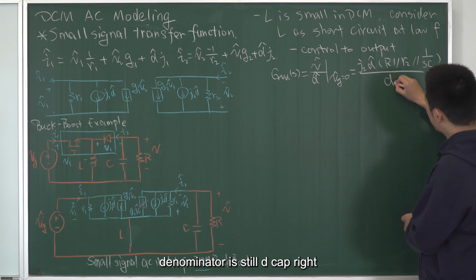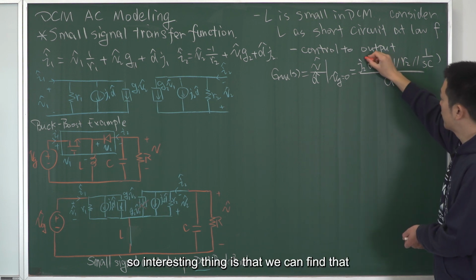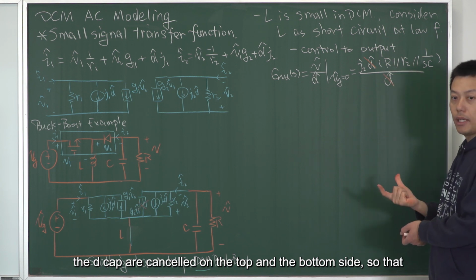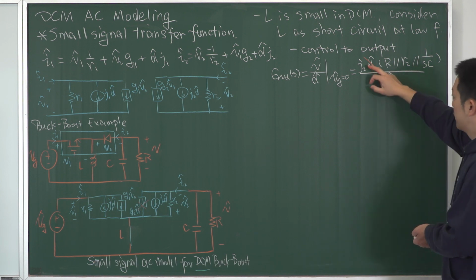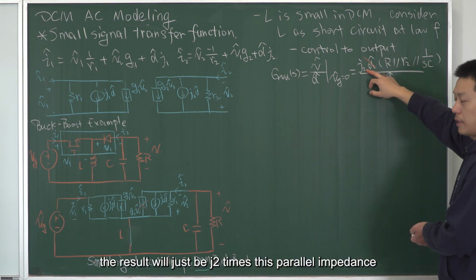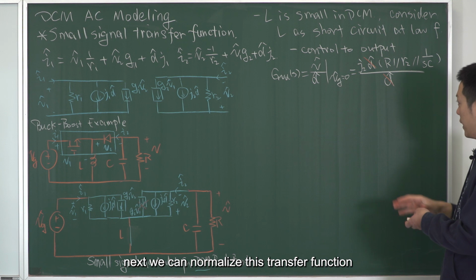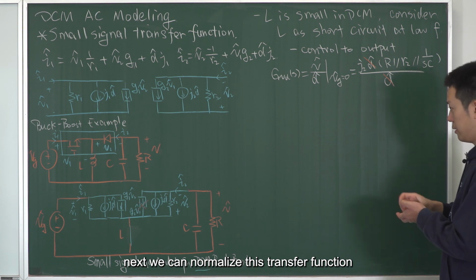The denominator is still D cap. The interesting thing is that the D cap are cancelled on the top and the bottom side, so that the result will just be J2 times this parallel impedance. We can normalize this transfer function.